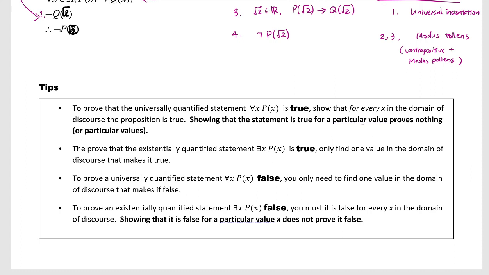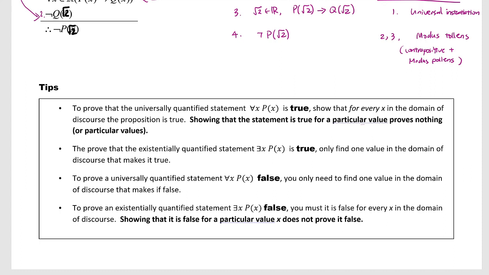Next, to prove an existential quantified statement is true, you only need to find one value in the domain of discourse that makes it true. If you can find one value, then you have shown there exists some number such that this is true.